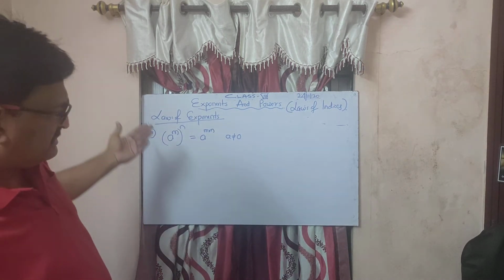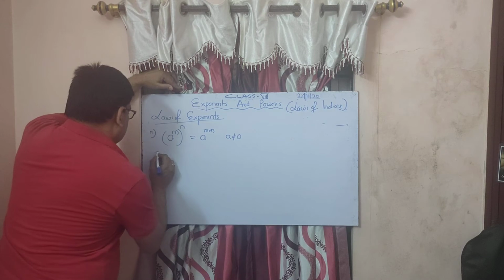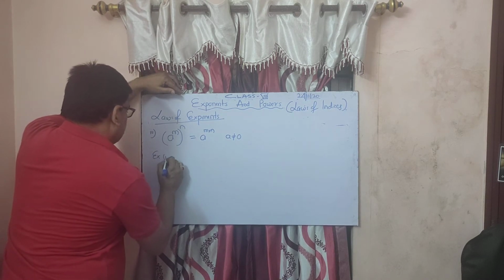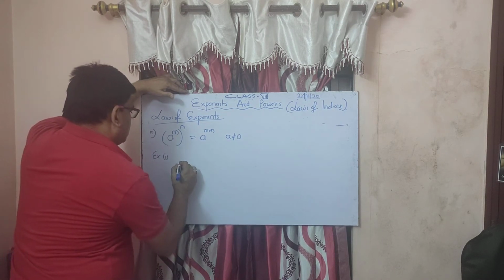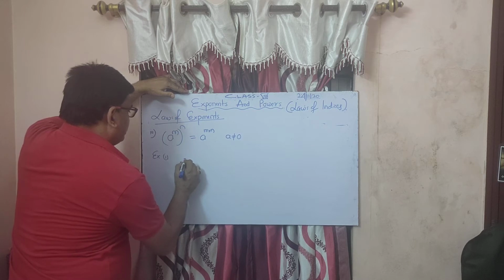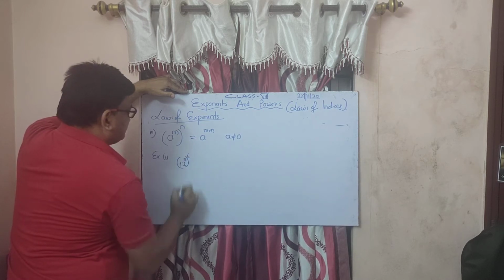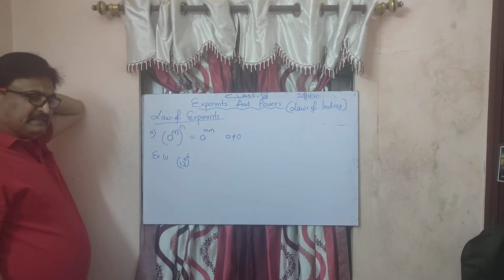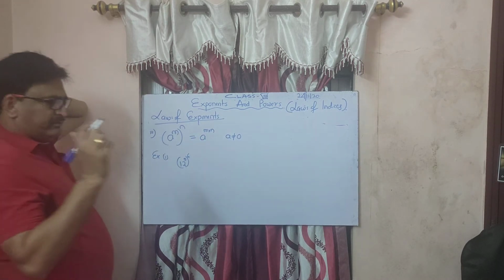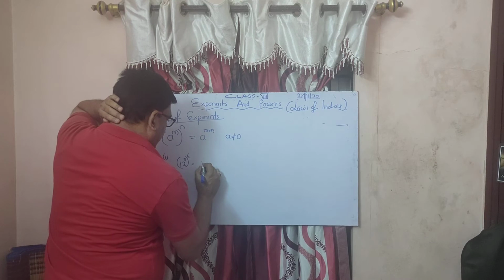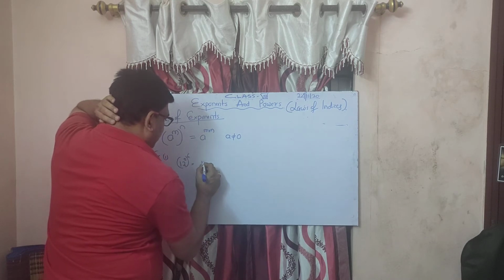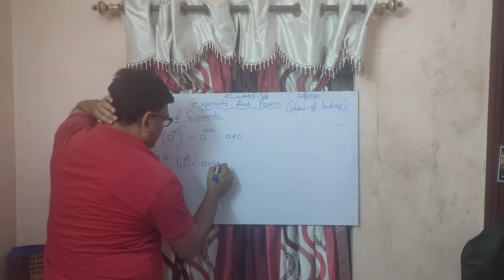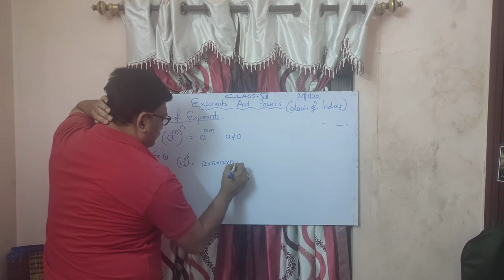Now let us do some examples. First one: 12 to the power 5, to the power 6. In general, if you don't know the formula, what would you do? 12 will be multiplied 5 times: 12 into 12 into 12 into 12 into 12.